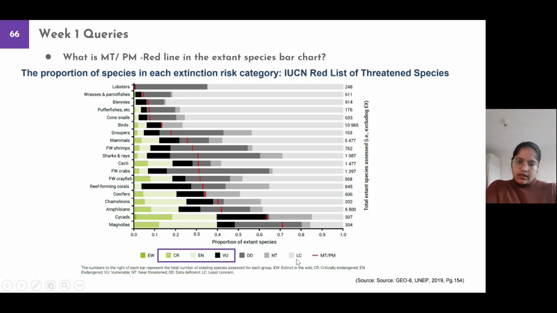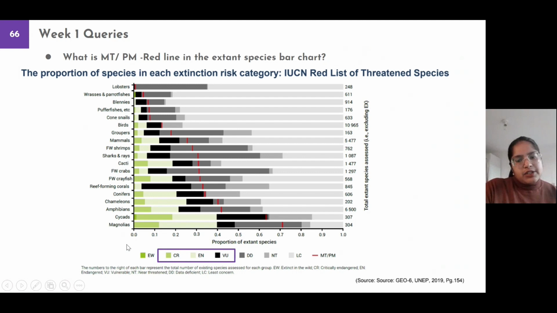So the way we read this graph is basically we look at the red line, which is the minimum threshold or population management MT or PM line, and this line basically shows the sum from critically endangered and vulnerable species within each of the studied species.